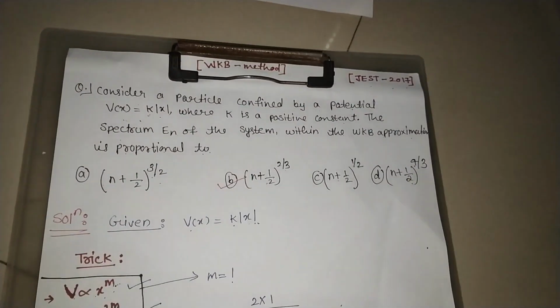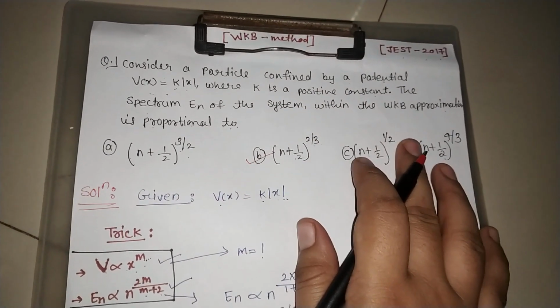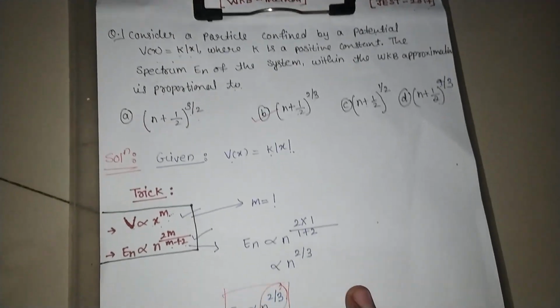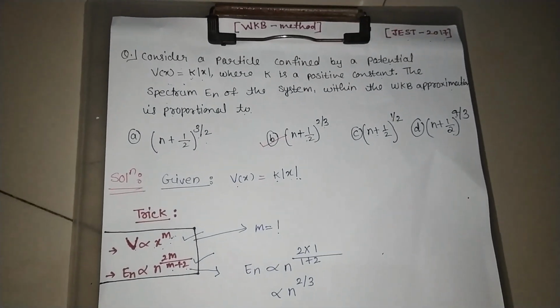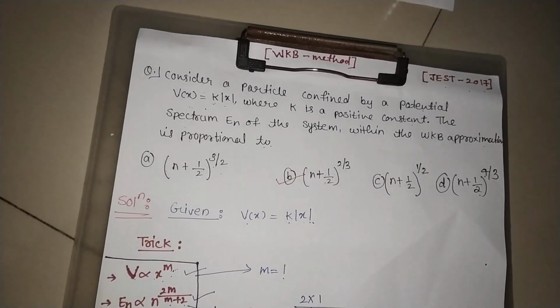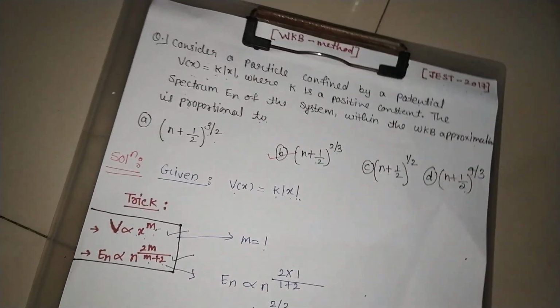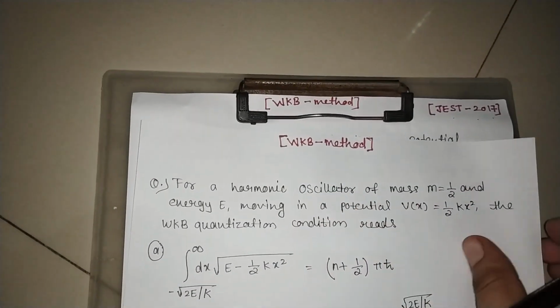I hope you have understood how to solve this simple JEST question with the help of the trick method. Let's solve one more example of a similar kind.